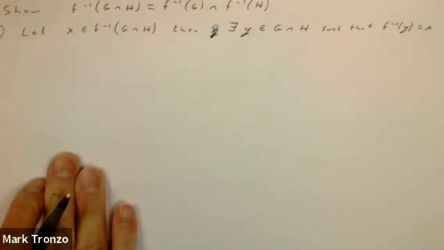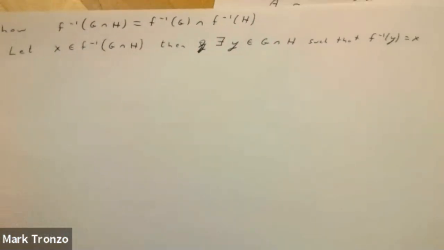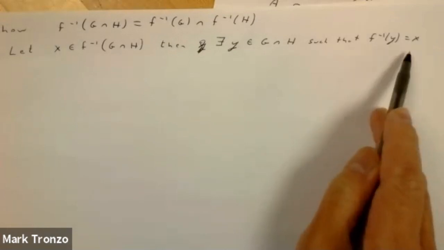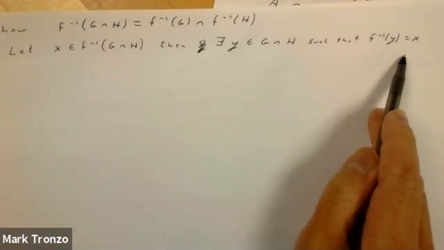So we're picking something in that F inverse of G intersection H, which means there has to be a Y in there that produces that X when you go in the inverse direction.